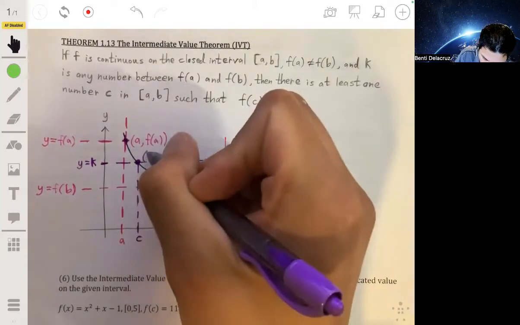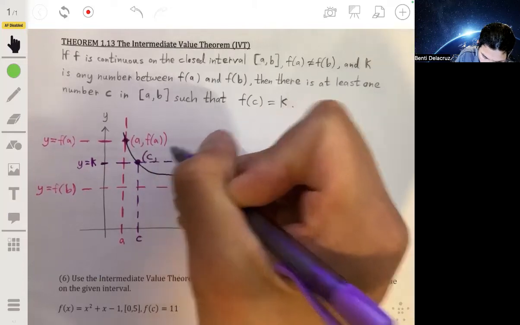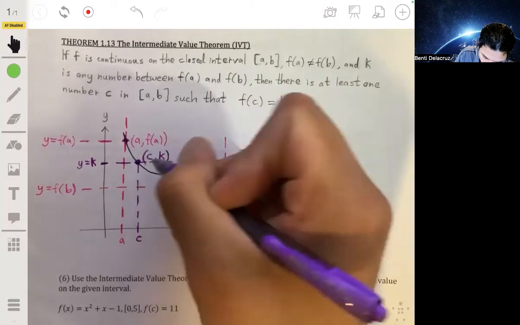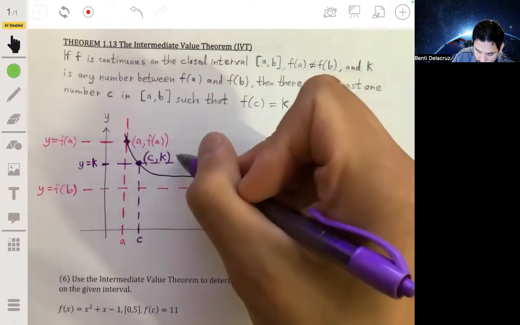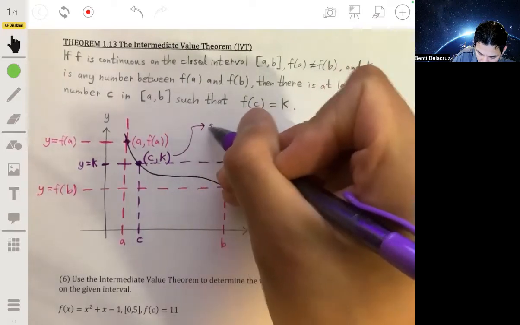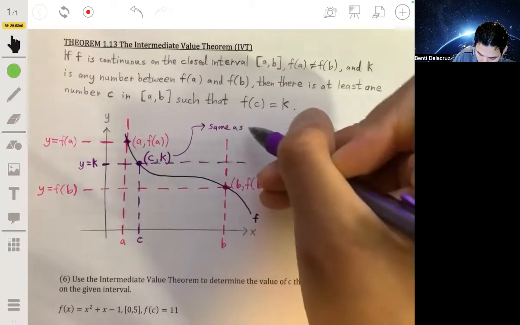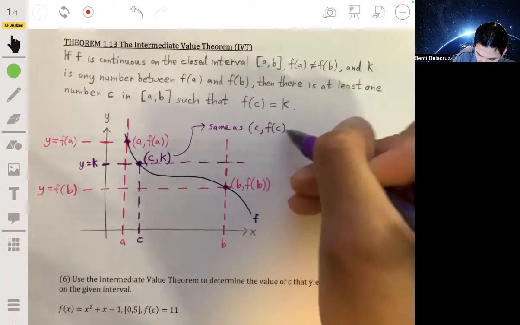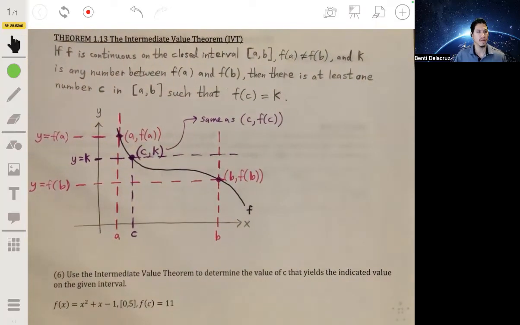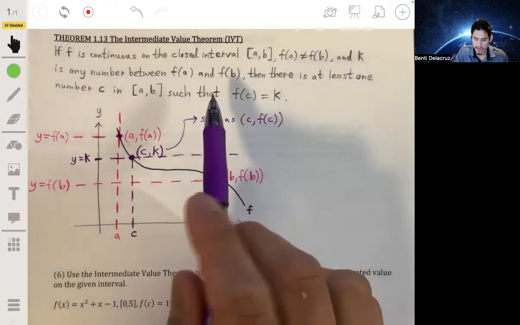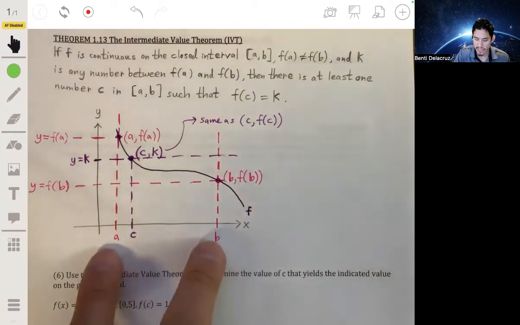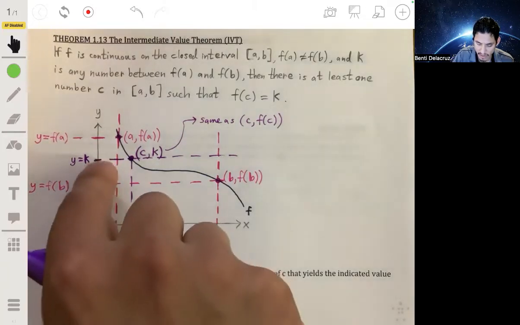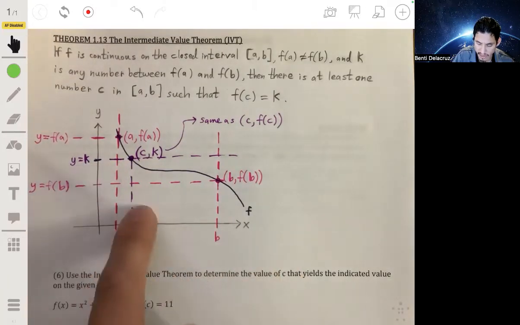So this point here we represent as (c, k), or you can say this is the same as (c, f of c). So again, this theorem is just saying that there has to be a value of x between a and b such that you'll get a value of y equal to k in this interval.